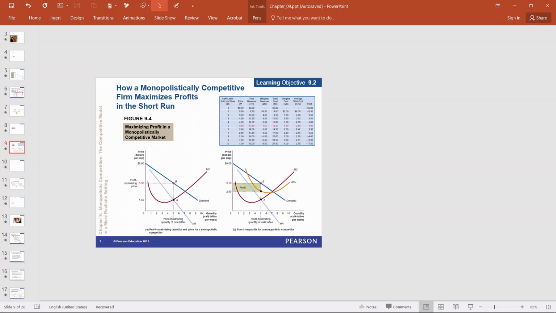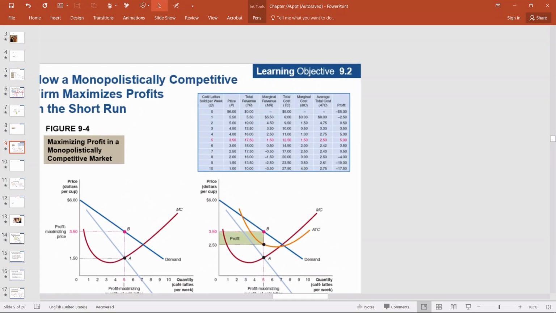Okay, in this slide we have all information about what this firm produces in terms of quantity of production, the market price or the price it charges, the demand curve this company faces, and information about cost of production, which we can derive from it, the calculation of marginal cost, average costs like average total cost, and from the revenue side, we calculate marginal revenue, and all this is coming in this table.